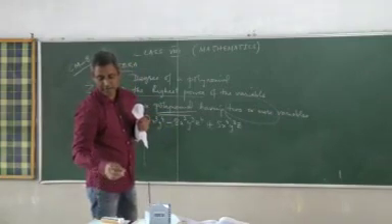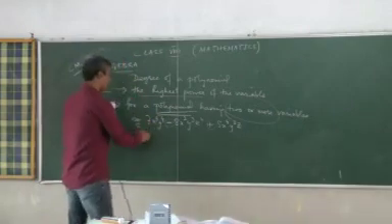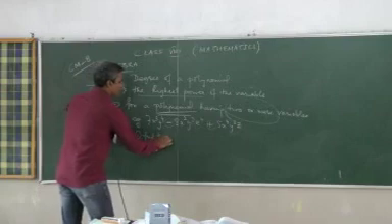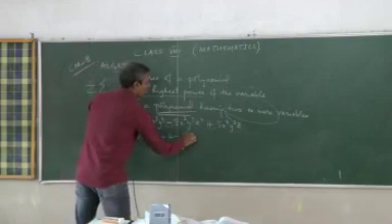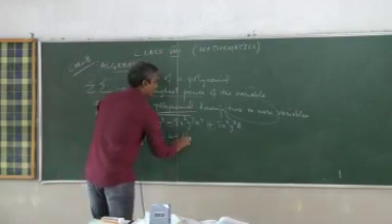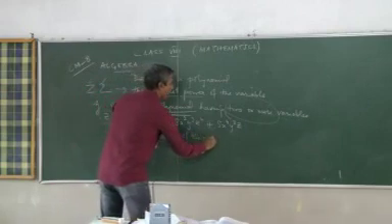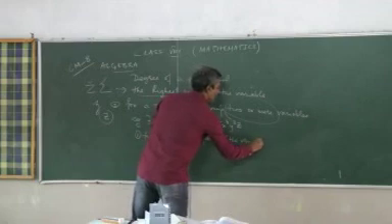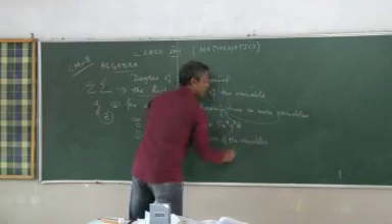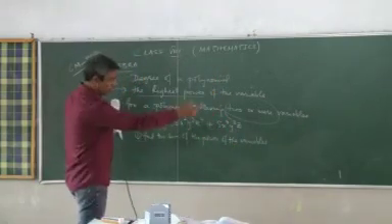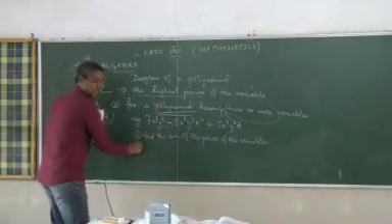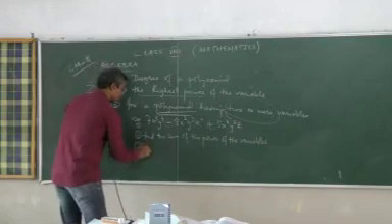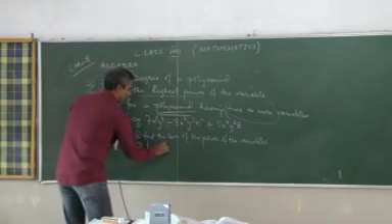First, find the sum of the powers of the variables. That's the first step. I'll show you how to do it just over there. Second step, the highest sum of powers.